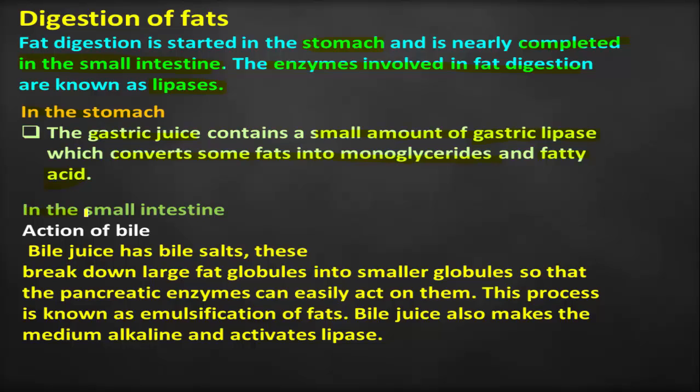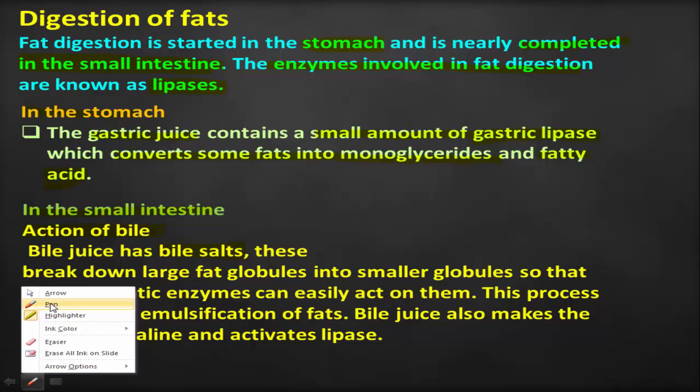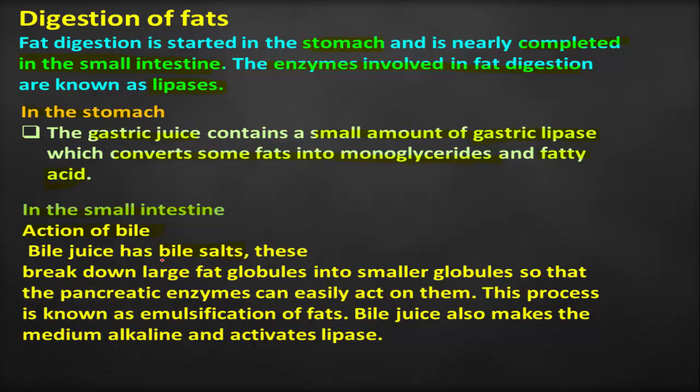In the small intestine, the bile juice acts on the fat molecule. Bile juice has bile salts. I hope you remember the names of the bile salts: sodium glycocholate and taurocholate. The glycocholate and taurocholate of sodium and potassium are the bile salts present in the bile juice.